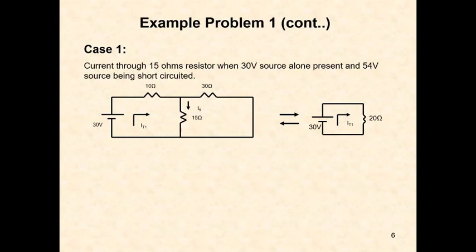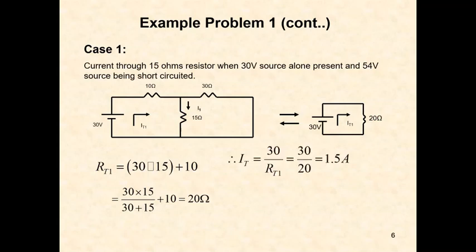The 30 ohms and 15 ohms in parallel give 10 ohms, and that 10 ohms in series with 10 ohms gives a resultant resistance of 20 ohms. So 30 in parallel with 15 plus 10 equals 20 ohms.